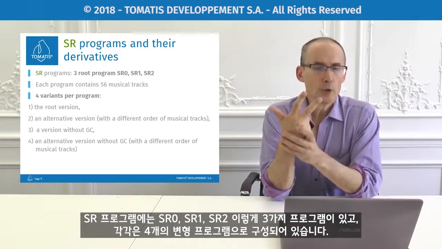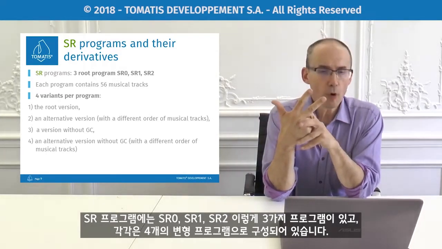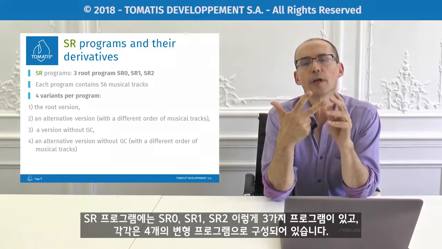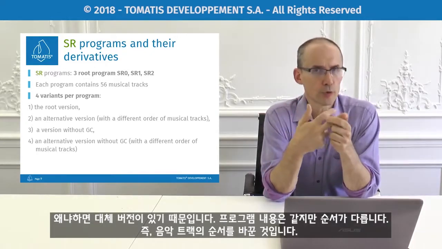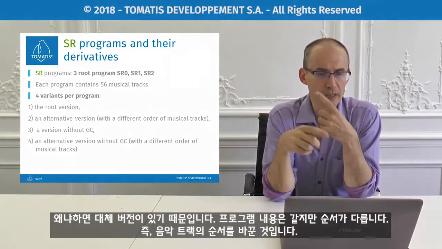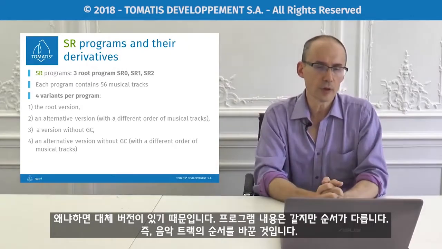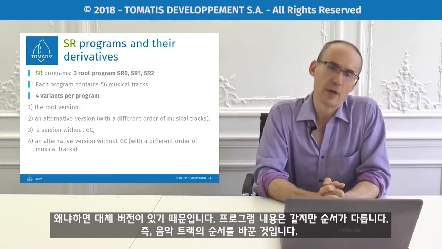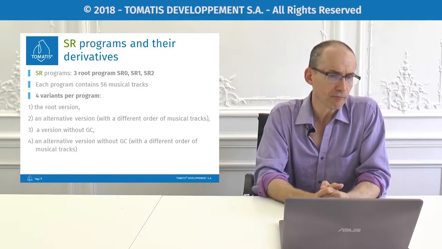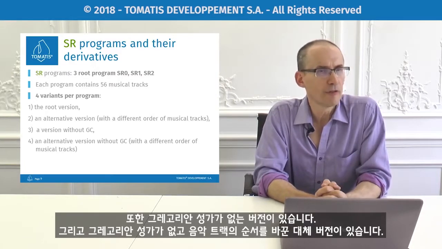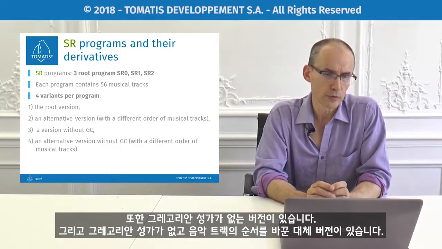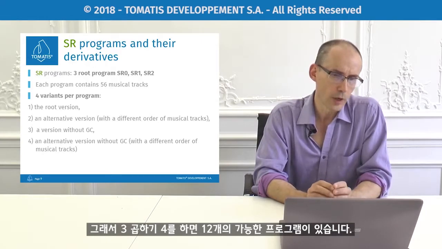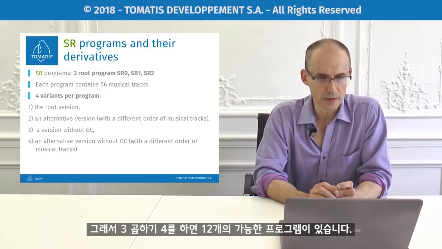But you have actually 4 variants for each of these programs. You have an alternative version, which is the same program, but the order of the tracks has been permuted. Then you have a version without Gregorian chant, and then an alternative version, permuted and without Gregorian chant. So it's 3 multiplied by 4, 12 possibilities.